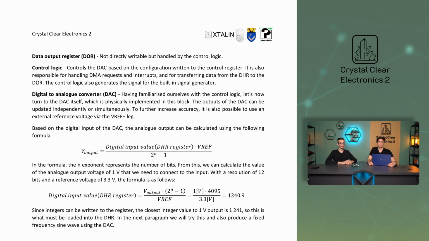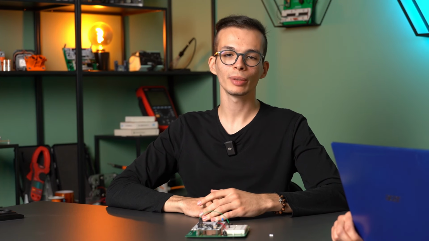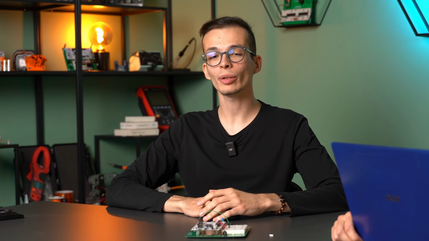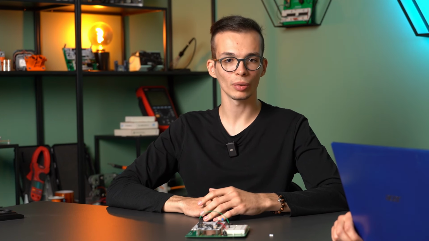Based on the digital input of the DAC, the analog output can be calculated using the following formula. The V output is equal to the digital input value, that is the DHR register, multiplied by VREF over 2 to the nth power minus 1, where n is the number of bits. From this, we can calculate the required input value needed for 1 volt analog voltage at the output. With a resolution of 12 bits and the reference voltage of 3.3 volts, the formula is as follows.